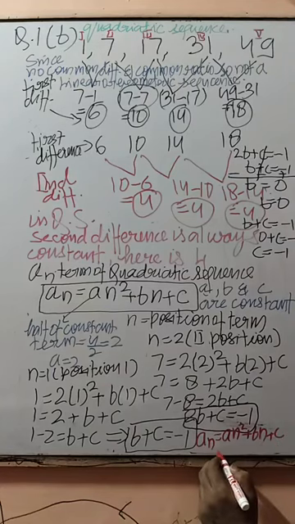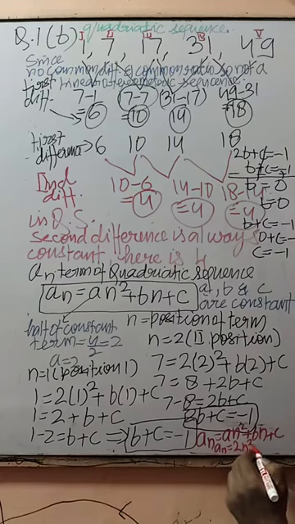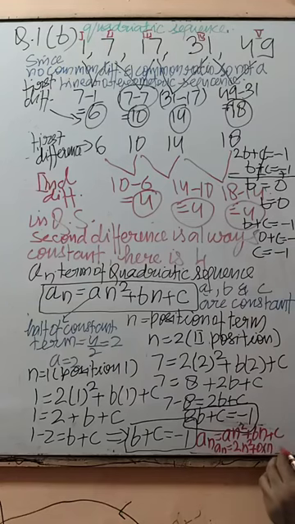So A is 2, so I write here 2n squared plus 0 into n plus C, which is minus 1.